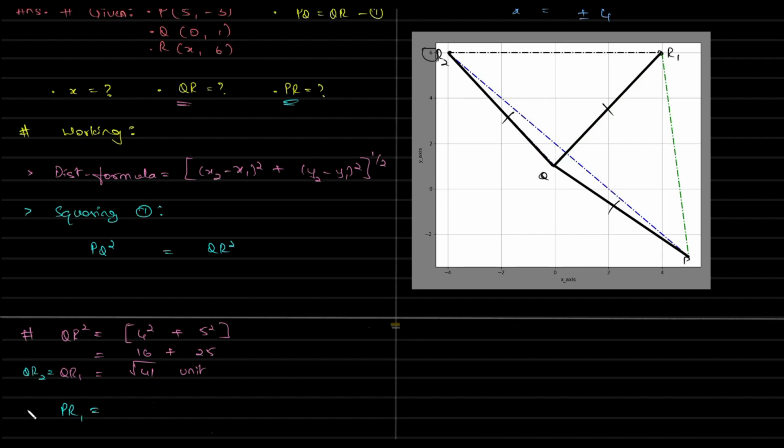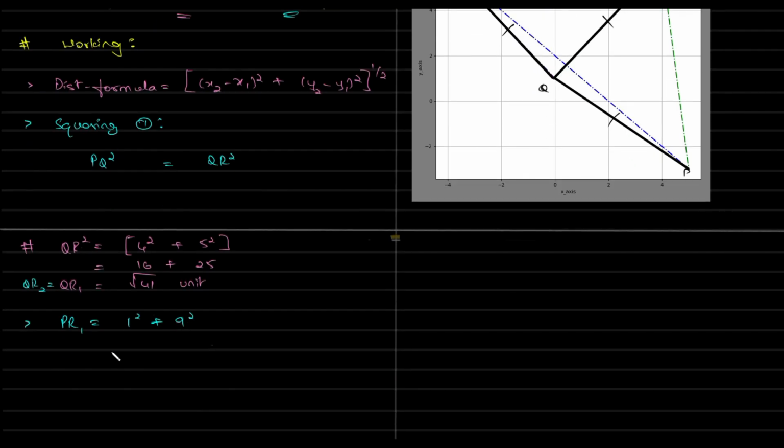Now we have to find PR1. So P is 5 and R1 is 4, so that will be 1 square plus 9 square. So this will be 81 plus 1, 82. PR1 square is equal to 82. Therefore PR1 is equal to square root of 82 units.